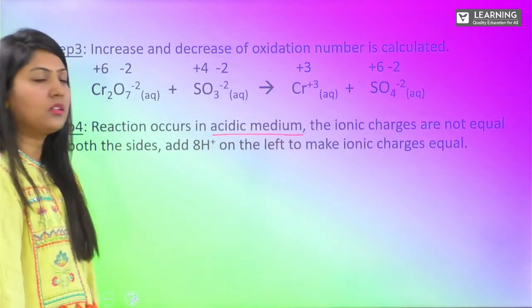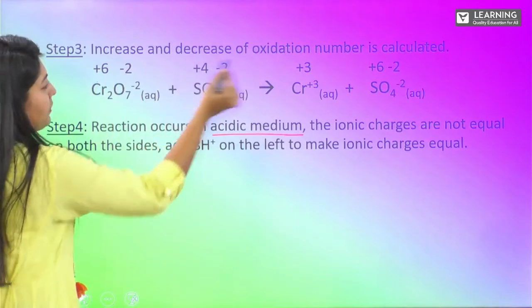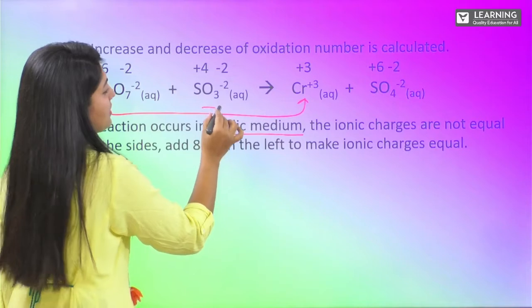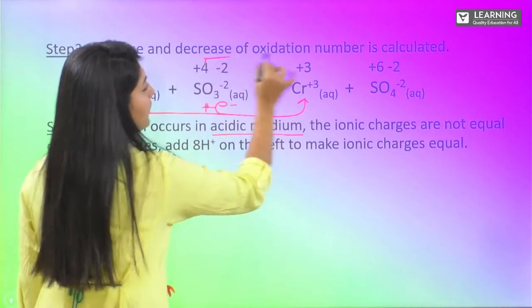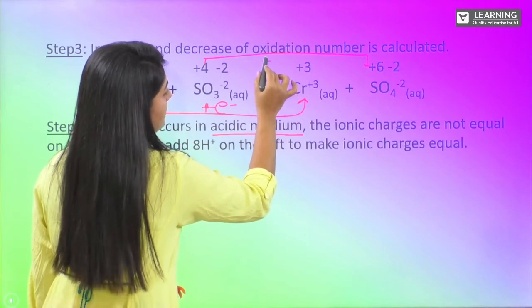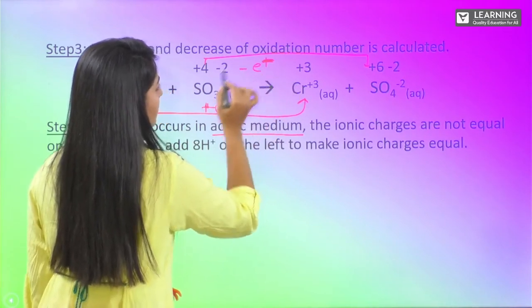We calculated the electrons: from chromium it is +3, which means 3 electrons are added. From sulfite to sulfate, 2 electrons are removed.